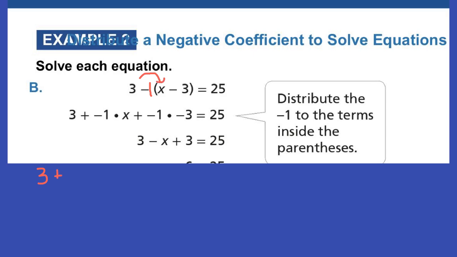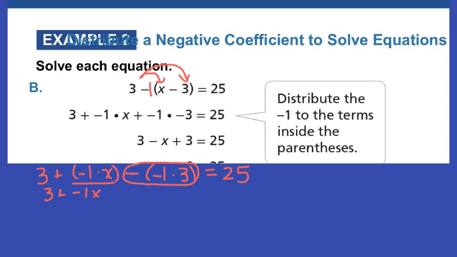So I have 3 and a negative 1 times x minus negative 1 times 3 equals 25. So 3 plus negative 1x. But here, look at all of that going on. Can we do keep, change?